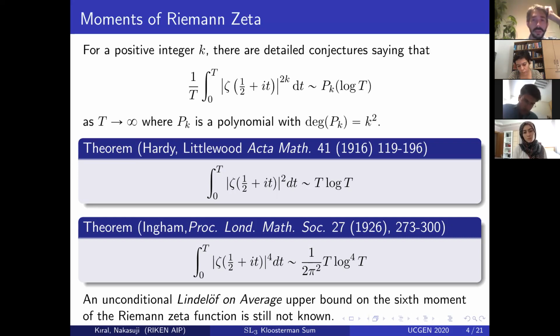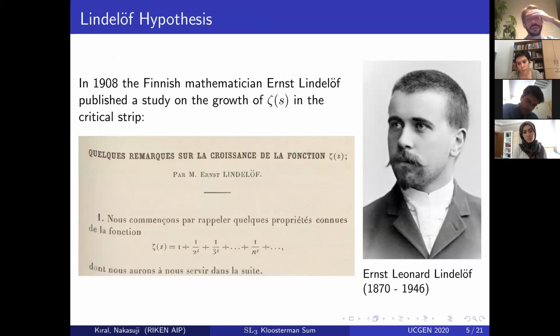So maybe let me mention Lindelöf for a short while. This is Lindelöf. He was a Finnish mathematician. His father was also a mathematician. And this is his paper with some remarks on the growth of the function zeta. This paper he actually published in the same year his father died.